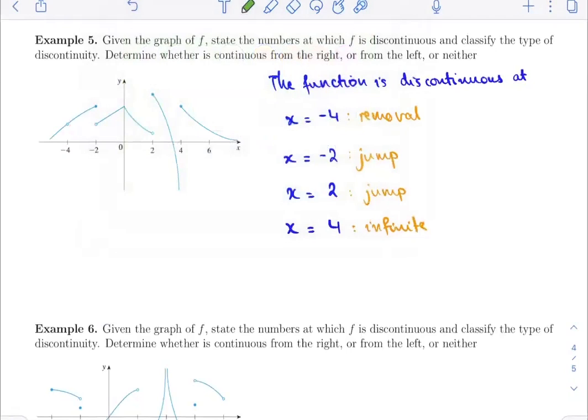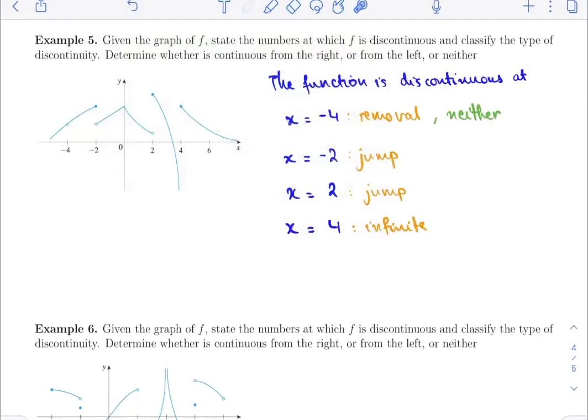Next, we need to identify if the function is continuous from the left or from the right or neither at these points. At x equal to -4, the function is neither continuous from the right nor from the left because the function is not defined at x equal to -4. So I conclude that this is neither. Now at x equal to -2, the function is continuous from the left because the limit from the left is equal to f of -2.